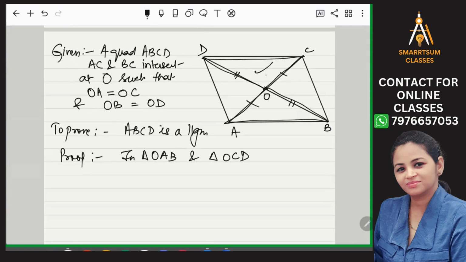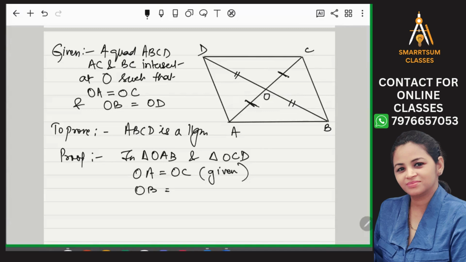We are considering these two triangles. Now in these two triangles, what do we have, if you look carefully? OA is equal to OC. OA and OC are equal, this is already given.